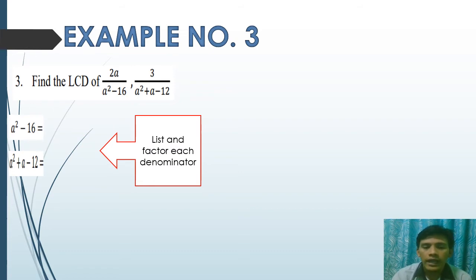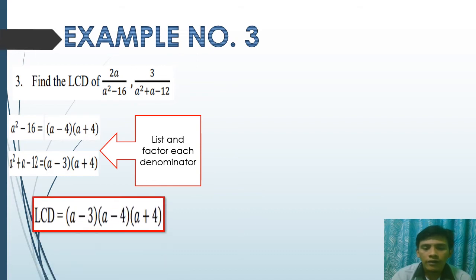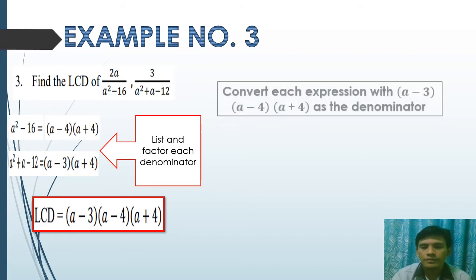To factor a squared minus 16, that is a minus 4, a plus 4. a squared plus a minus 12 can be factored into a minus 3, quantity a plus 4. So our final LCD is a minus 3, quantity a minus 4, quantity a plus 4.